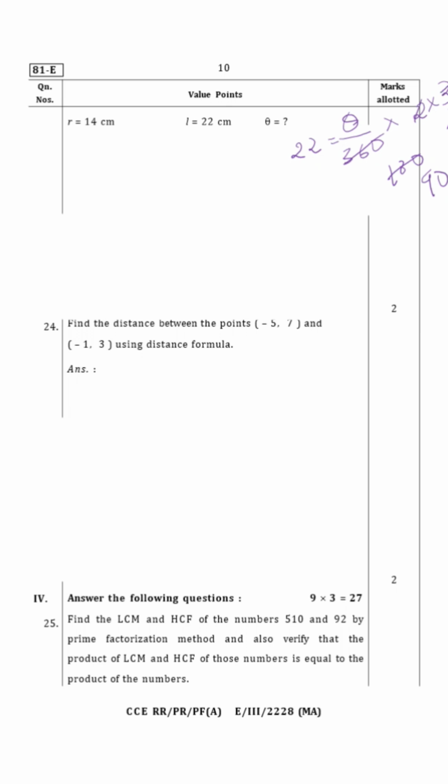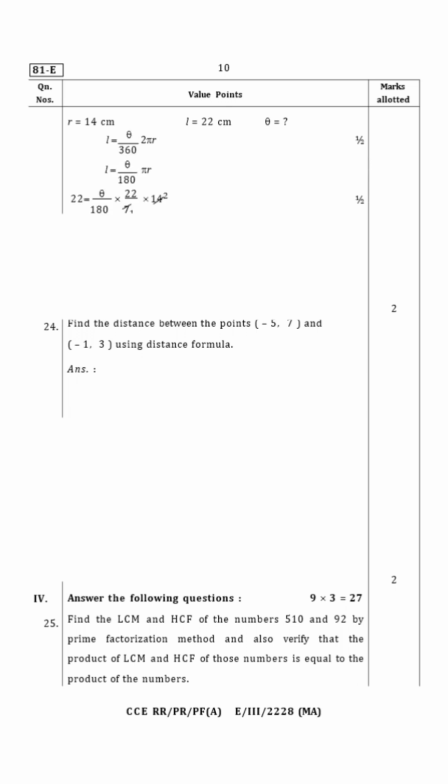Here 22 and 22 get cancelled. So theta is equal to 90 degree. This is the rough work. Theta is equal to 90 degree.